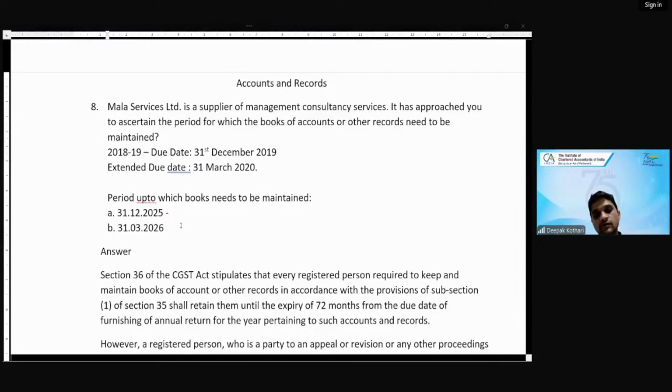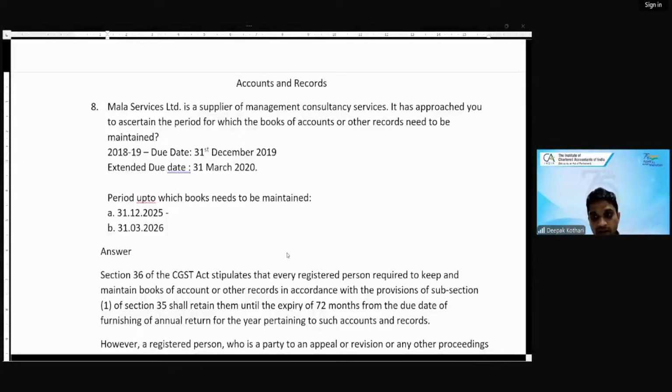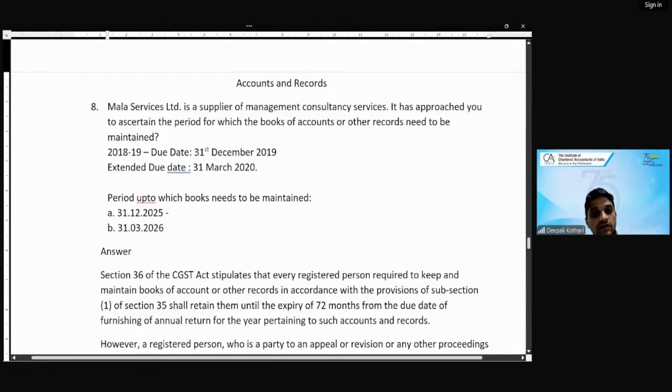Right. So the correct answer is, Tannu saying 31st December. So if the due date is extended, then your maintenance period also will extend because the original due date was 31st December. Now they have extended. So they have not extended to one person or two person, they have extended to everyone.